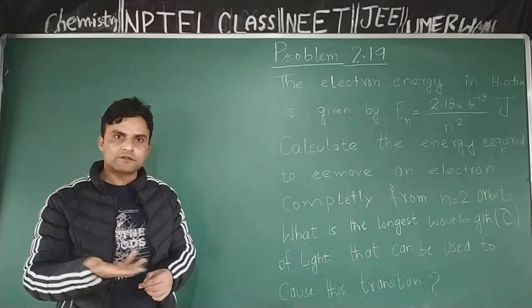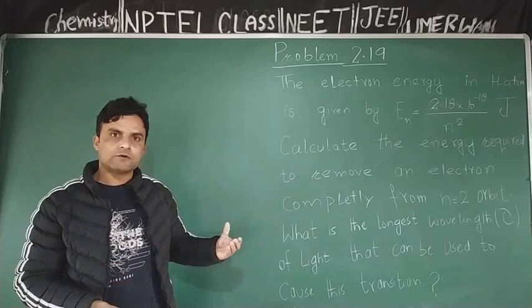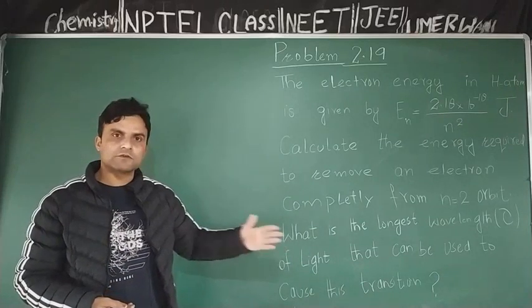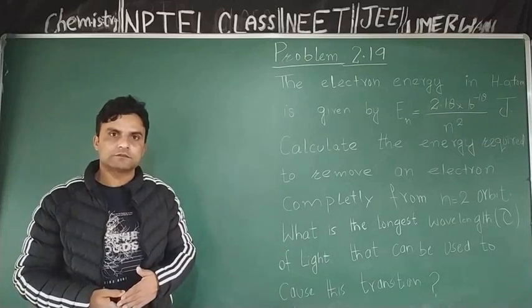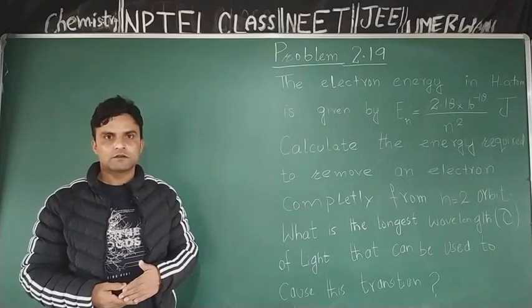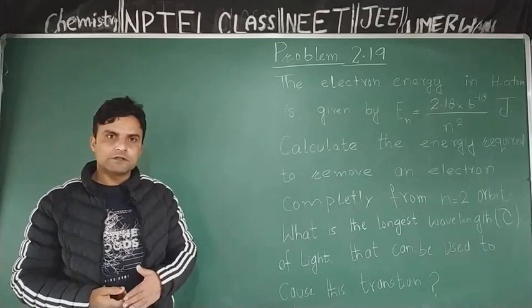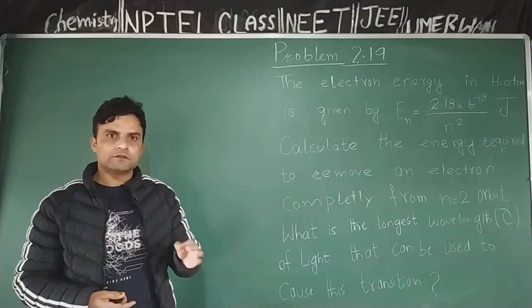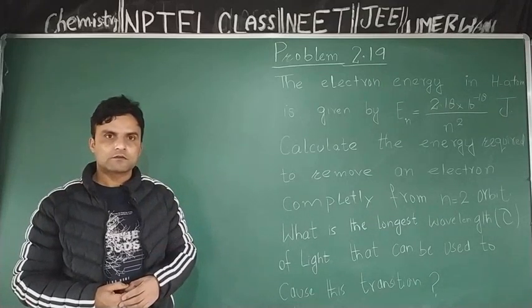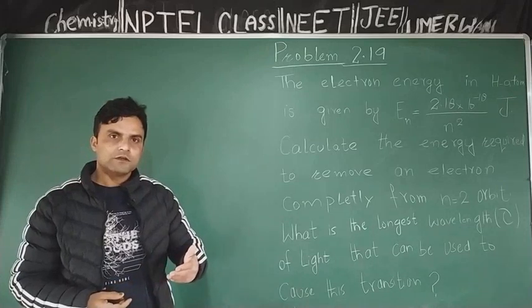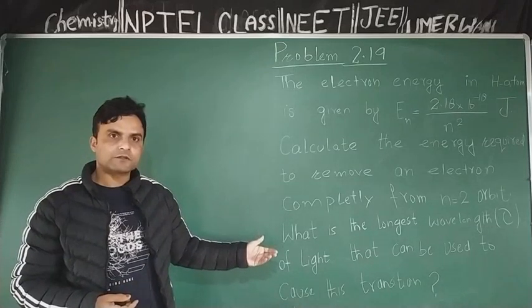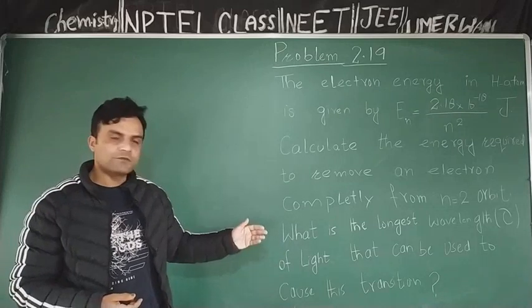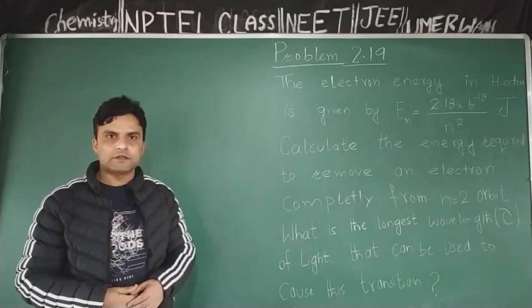Then we will say that this energy difference is basically the ionization energy required to ionize excited hydrogen atom in which electron is present in its second orbit. Then we will use Planck's idea that energy is equal to hc by lambda, because minimum energy that is needed to effect this transition is this much. Now longest wavelength that will be required we will calculate by using equation hc by lambda.